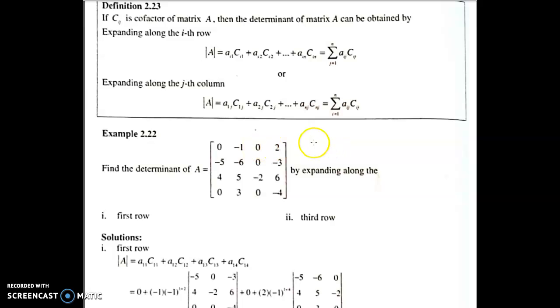Otherwise, if you choose those with numbers, you need to calculate all of them.